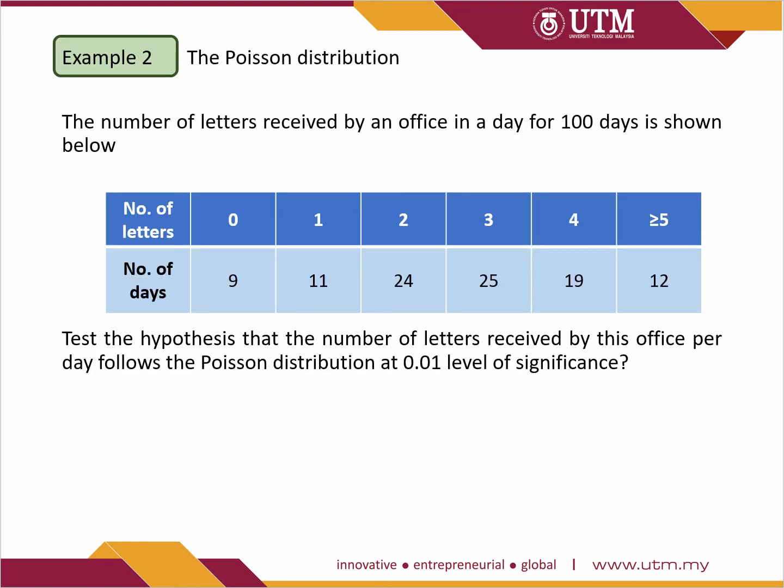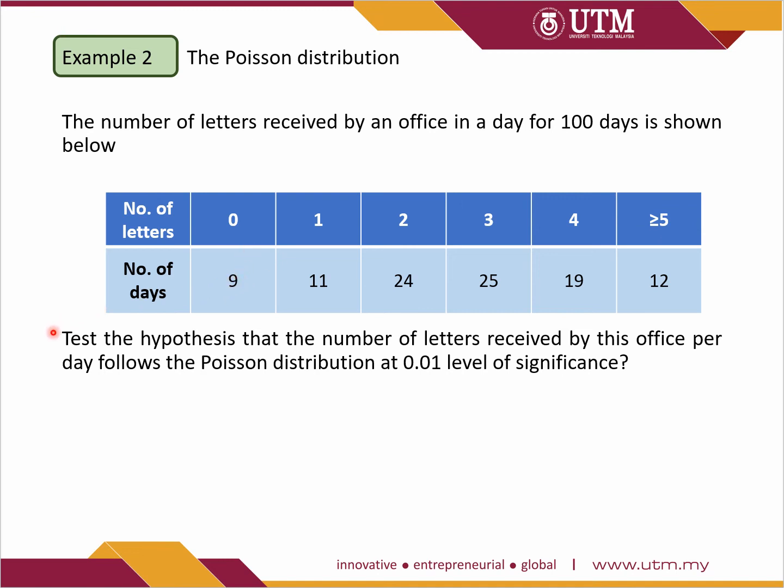Another type of example is a problem that follows a different kind of distribution. In this example, we have the Poisson distribution. The number of letters received by an office in a day for 100 days is shown below. Here we have the number of letters 0, 1, 2, 3, 4 and greater than or equal to 5, and these are the number of days for each number of letters.